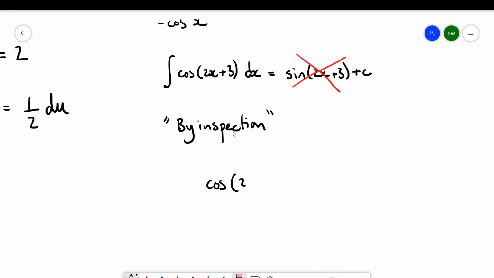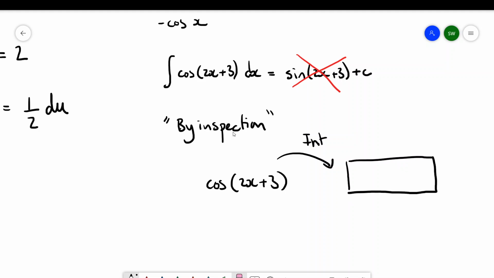Because we know that when we integrate cos of 2x plus 3, we're going to end up with some function that we're trying to find. And we know that differentiation is the opposite of integration. So if we differentiate our answer, we should end up back at cos of 2x plus 3. So we know that it's going to have sine of 2x plus 3 in it, because when you differentiate sine, you get cos.